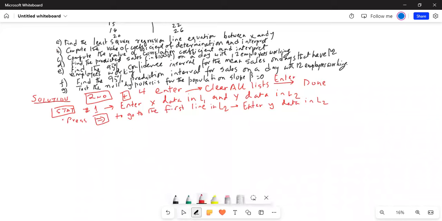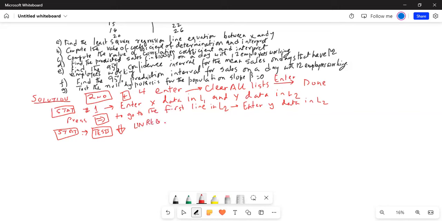Next we will press the stat button. Then highlight TESTS on the top row. That means move the cursor onto TESTS and scroll down to LinReg, L-I-N Reg.